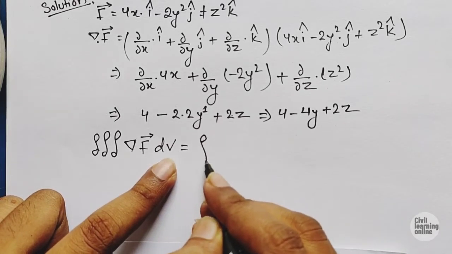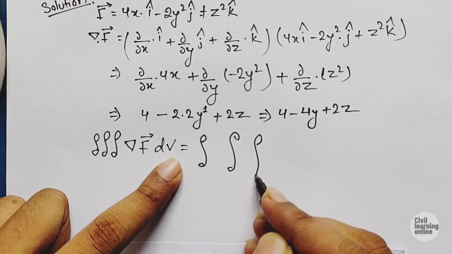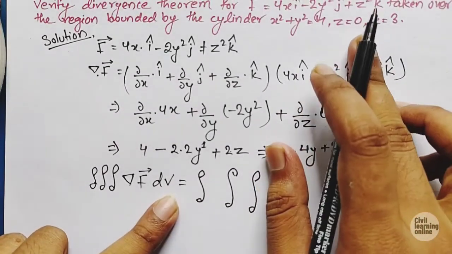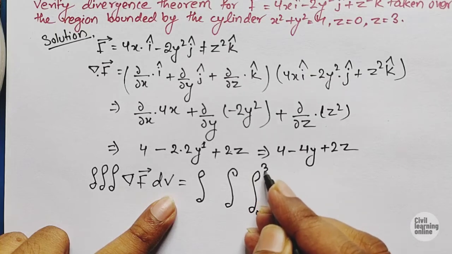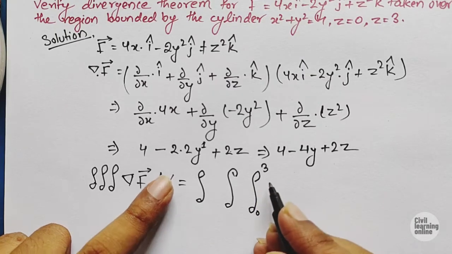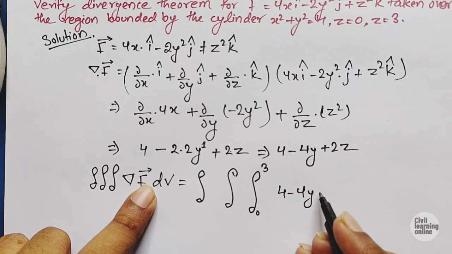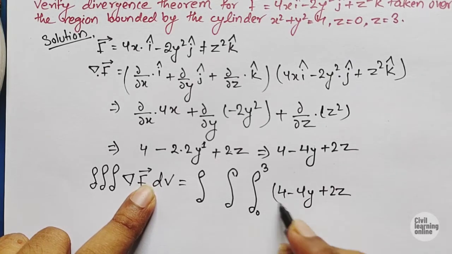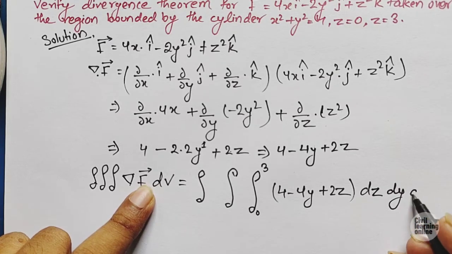So we will put the limits of x, y, z now. And see here guys, in the question the limit of z is already given as 0 to 3. So write it here, 0 to 3. And the value of the divergence of f is 4 minus 4y plus 2z, dz dy and dx.